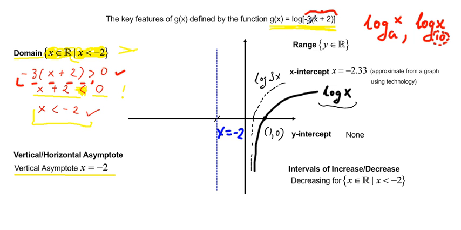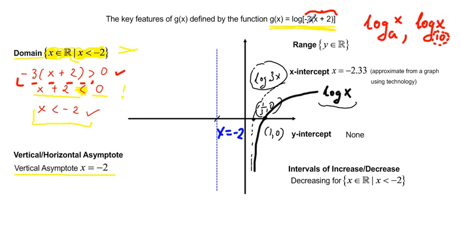And then we have this transformation, logarithm to base 10 of 3x, which will be the horizontal compression by factor of 3. So the x-intercept would change to 1/3, 0.